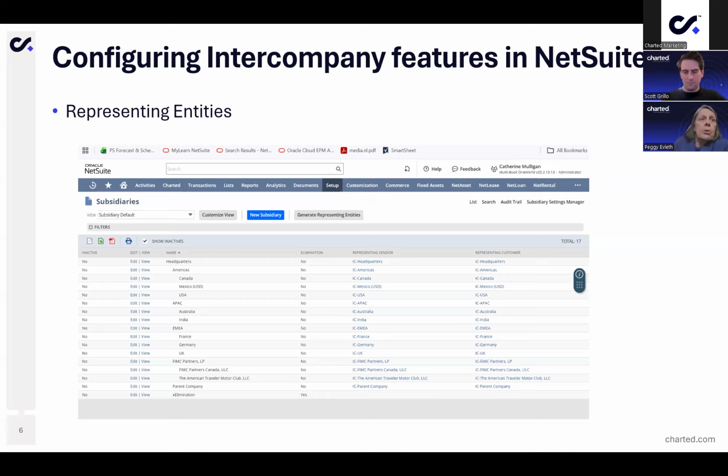So if, for example, France bills something to headquarters, and let's say France creates an invoice to headquarters charging them for something, the customer that they will use is the customer called IC headquarters. And the advantage is now, because they'll have a receivable on their books, they will see that that particular customer has an aging, has transactions available to settle.